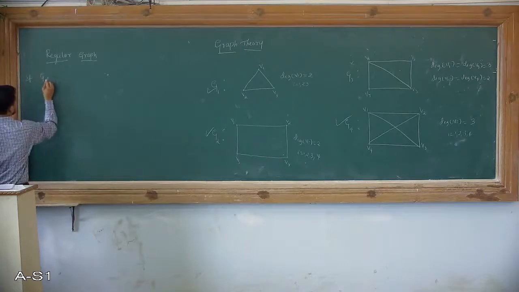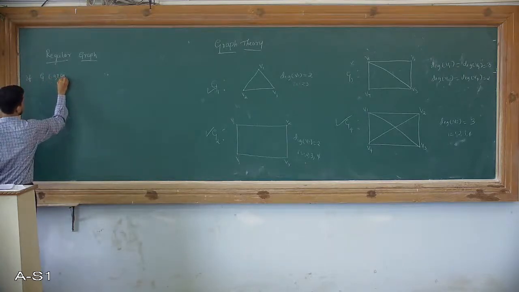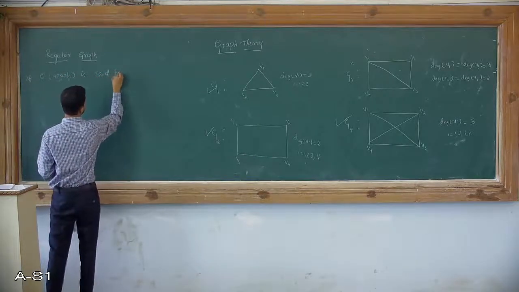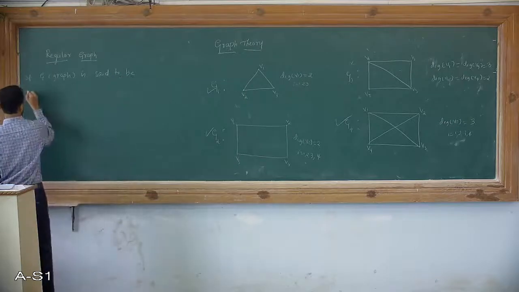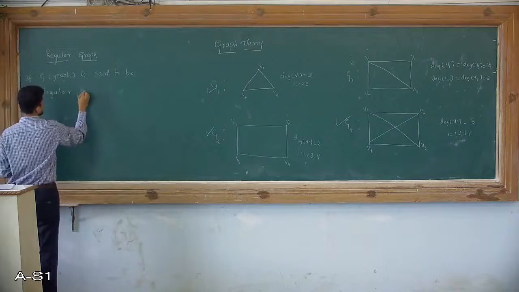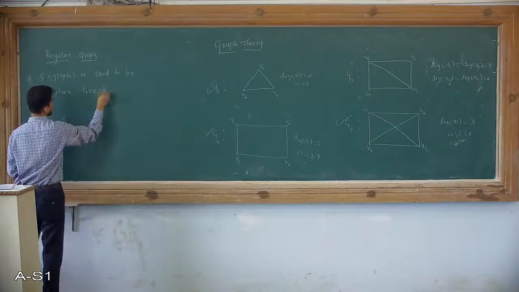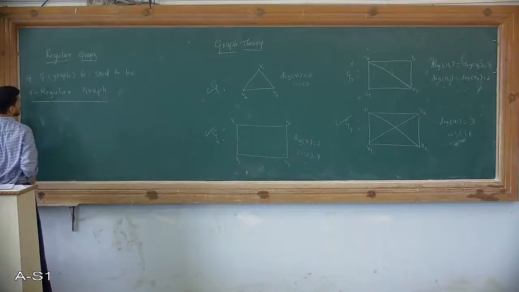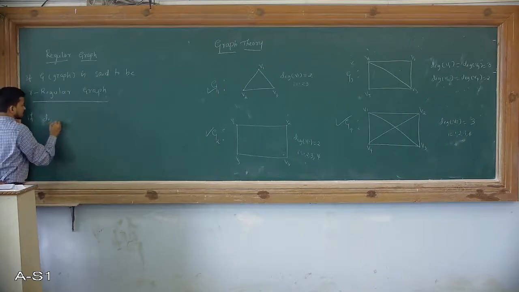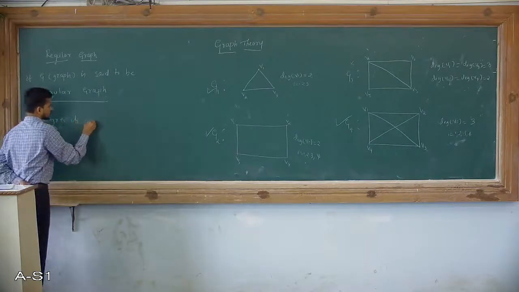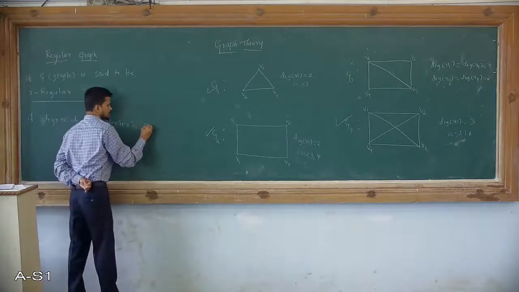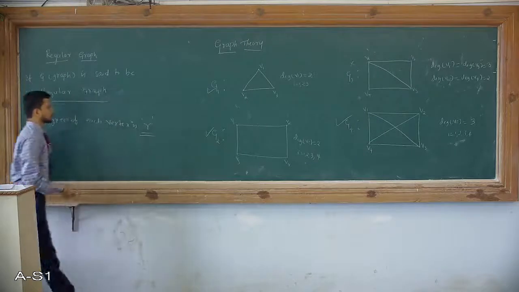A graph G is said to be a regular graph or R regular graph if the degree of each vertex is R. I will repeat it once again.